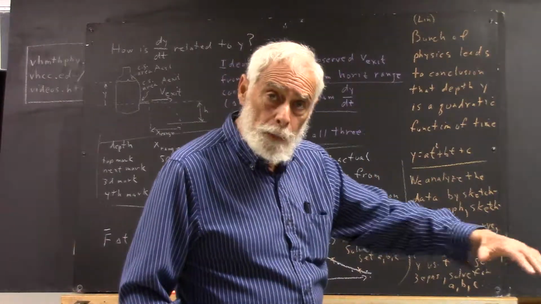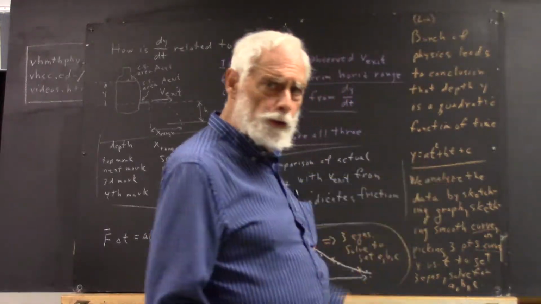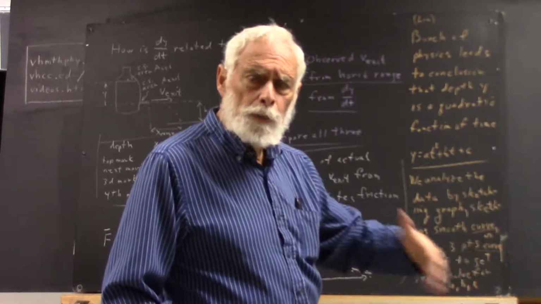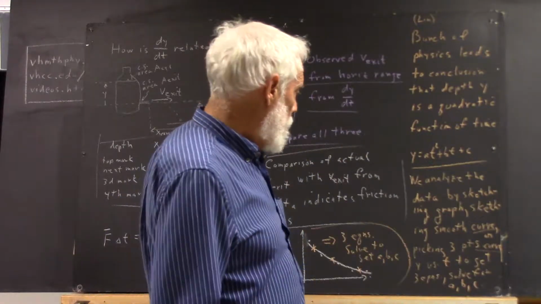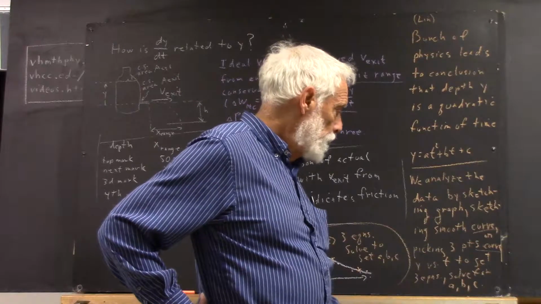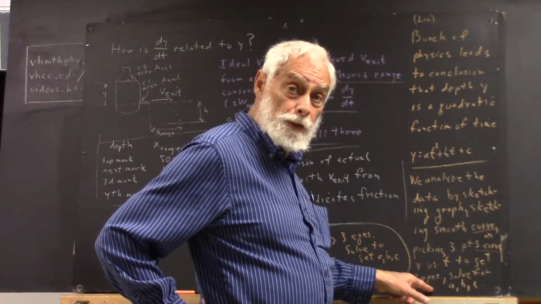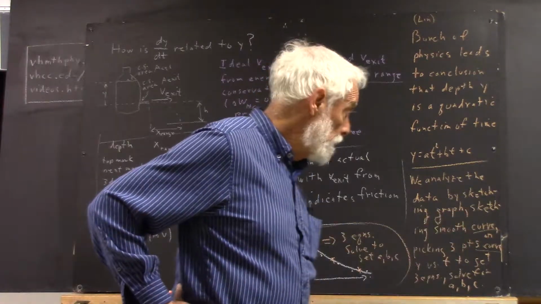The curve is going to represent the actual trend of the data. The data points all have little errors in them. If we get the curve, we smooth out the errors. And so using the curve, we pick 3 points, y versus t, and then we get our 3 equations from points on the curve, not from data points.